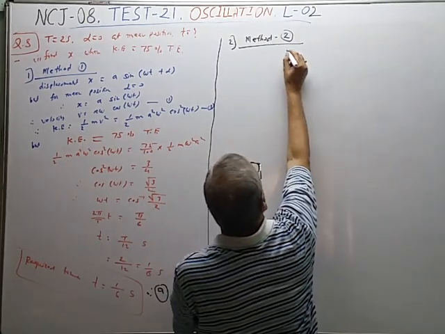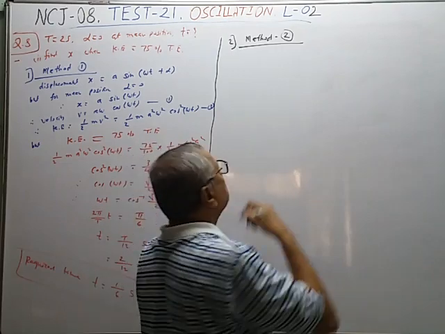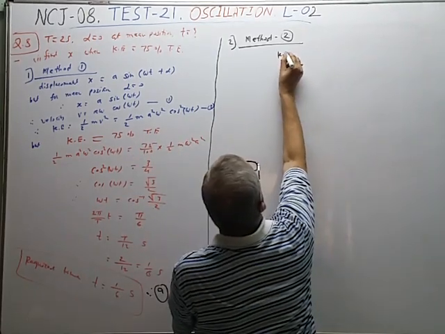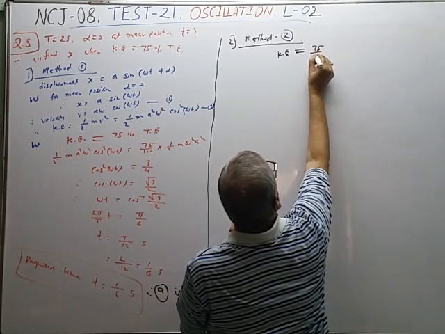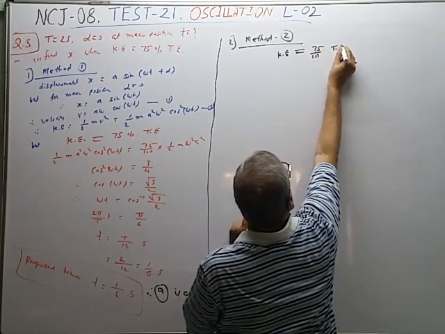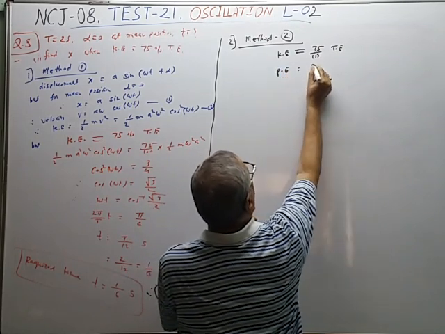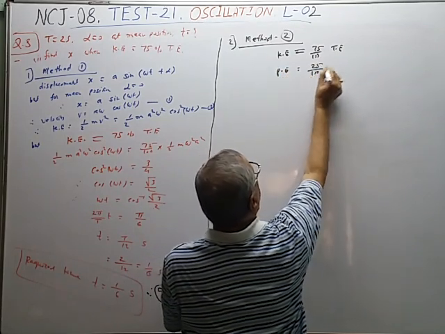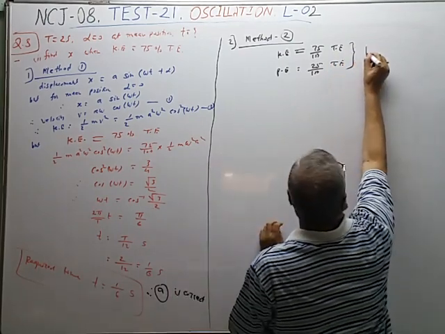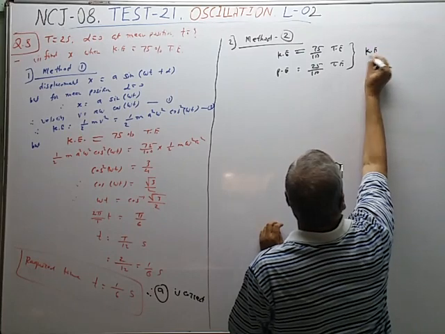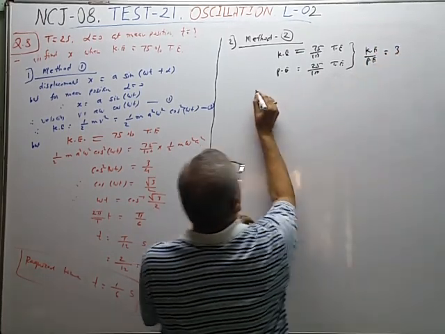K is equal to 75% of E. Therefore P is equal to 25% of E. Therefore K upon P is equal to 3.